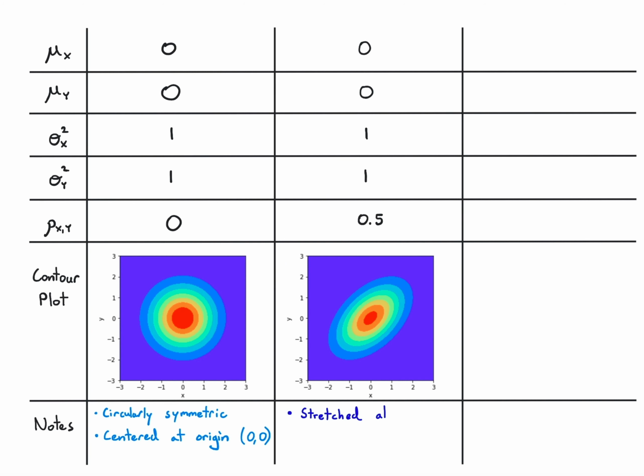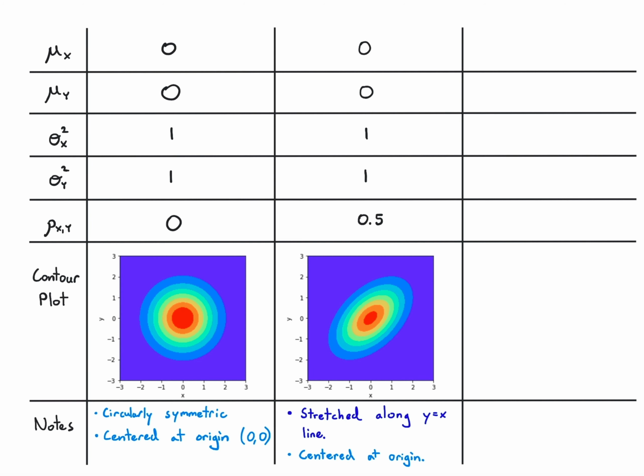So I've kind of pulled it along into this y equals x line, and it's still centered at the origin. Okay, so why is that happening? Because when the correlation coefficient is positive, it means that as it goes towards 1, x and y tend to have more of a linear relationship, right? So they're better approximated by a line.